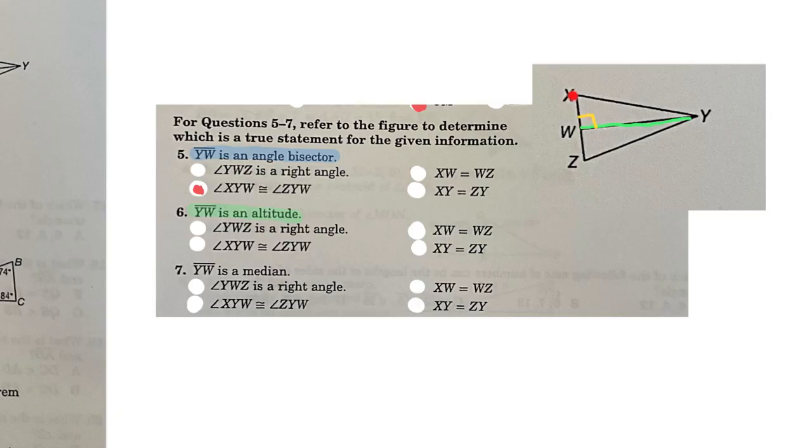So what do we know? We know that angle XWY is 90 degrees. We could also say that angle ZWY is 90 degrees, aka a right angle. So this is saying YWZ, which is the same as ZWY, because we could have gone backwards. So this is the one that's correct here.